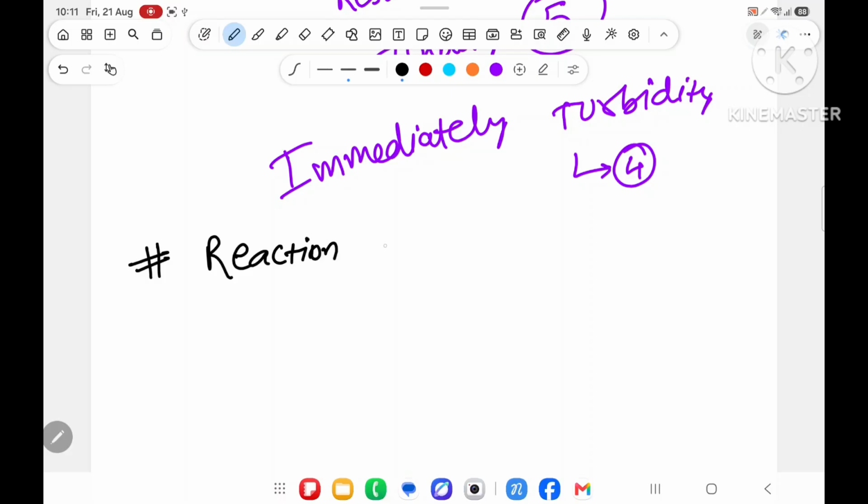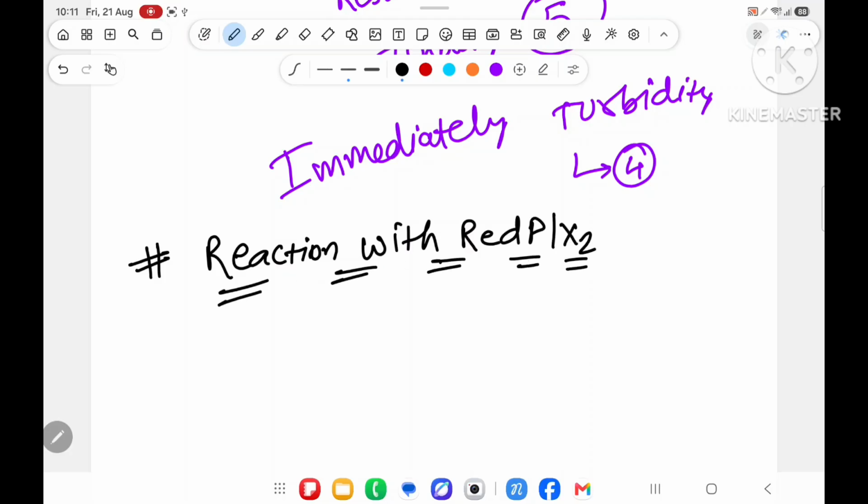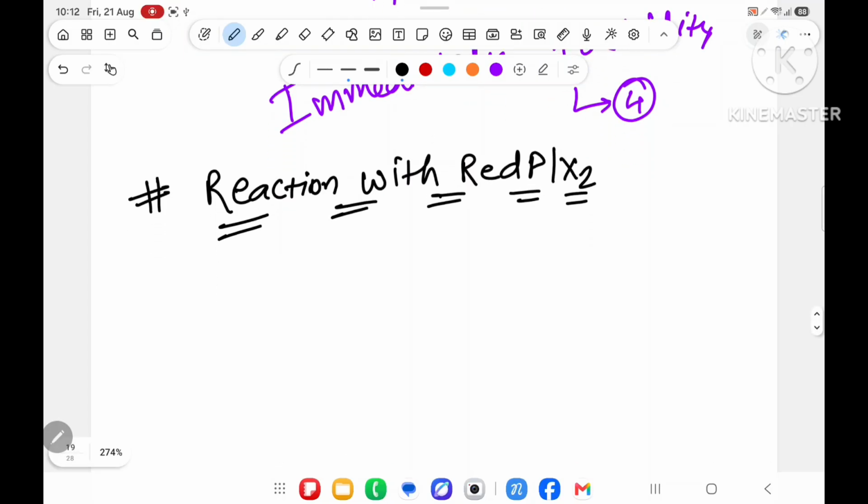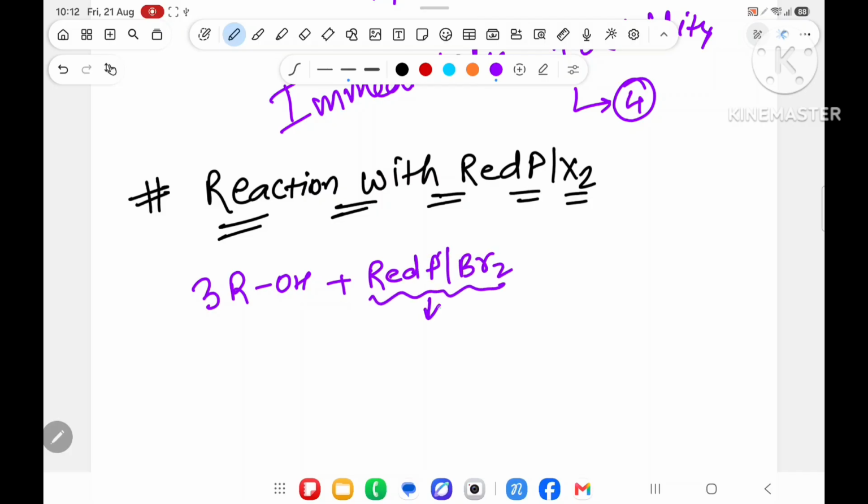Now the next part is the reaction detailing I am doing, that you will see one more time. Reaction with red phosphorus in presence of X2. What happens when red phosphorus in presence of X2 reacts? Here you take 3 moles of alcohol that will react with red phosphorus in presence of Br2, or red phosphorus and Br2 can be written as PBr3 also.